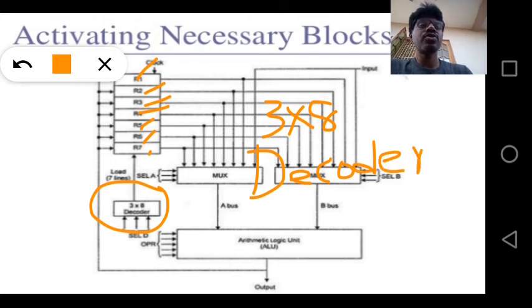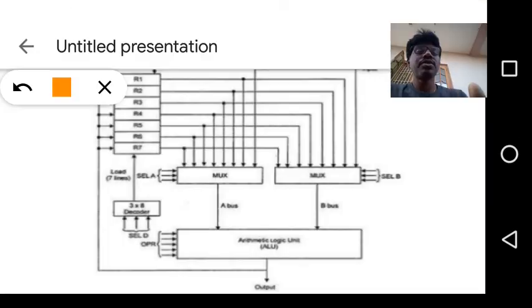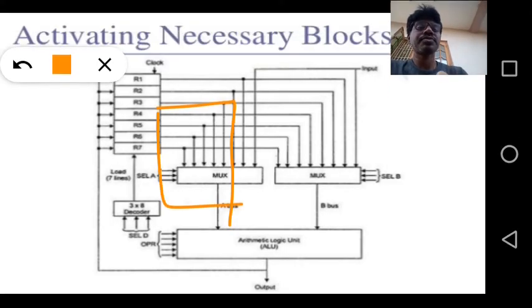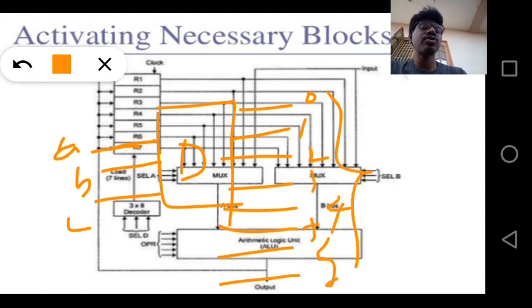What this decoder will do is take 3 inputs, A, B, C, and it can output 8, that is 0 to 7, a total of 8 outputs.